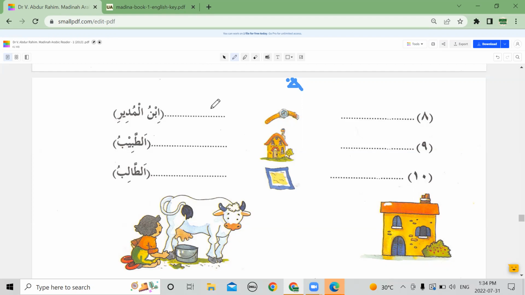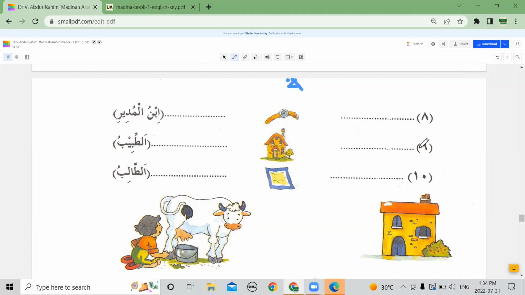هذه الساعة لابن المدير. What does that mean? This watch belongs to the son of the principal. Very good. Next. لمن هذا البيت؟ هذا البيت للطبيب.